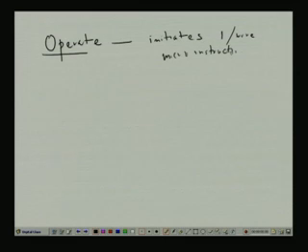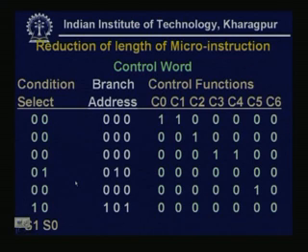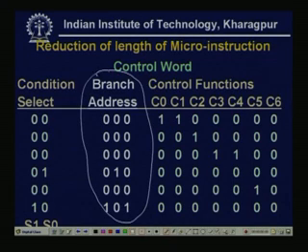Now, this means that the branch address field can be removed from the micro instruction format. So, the control function field is used to specify the branch address itself. If we see the reduction, this white marked column, the branch address, can be detached, removed from the control word.